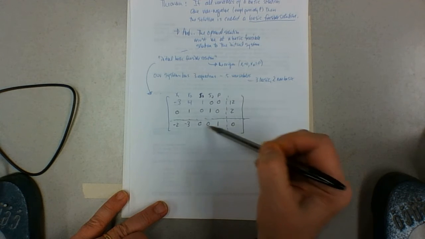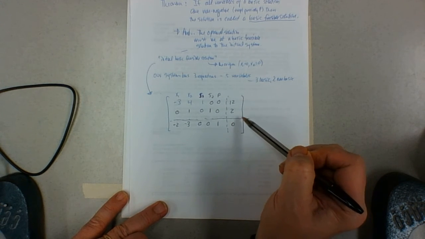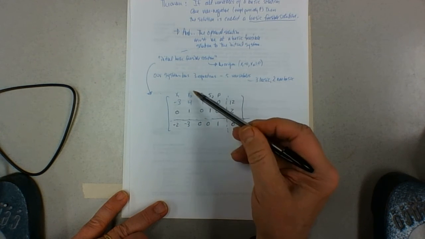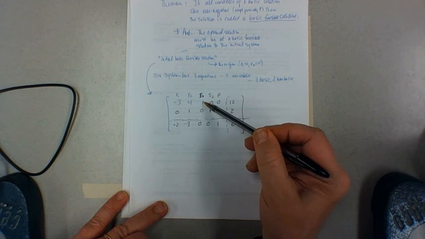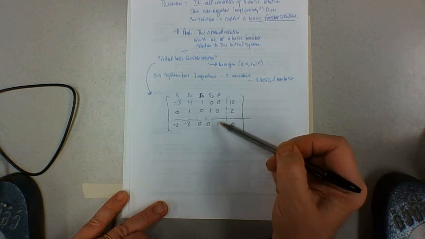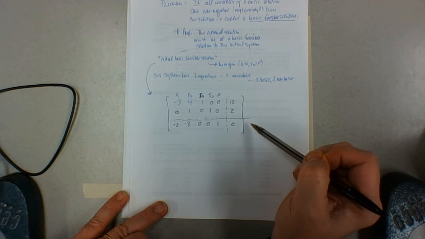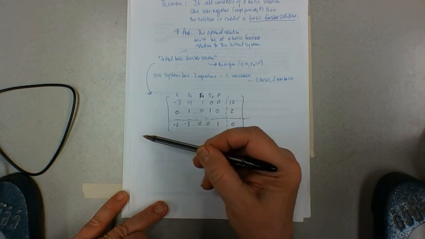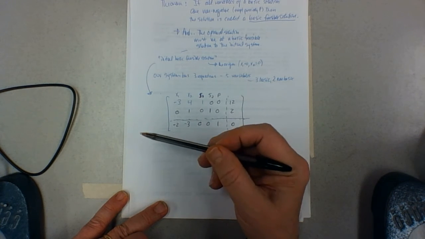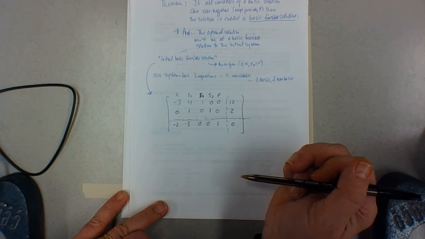So putting the matrix into the initial tableau here sets the initial solution at x1 equals 0, x2 equals 0, s1 equals 12, s2 equals 2, and p equals 0. So in other words, the initial starting tableau sets the starting point at the origin, and the whole process leads to the direction of greatest increase in order to find the optimum value.